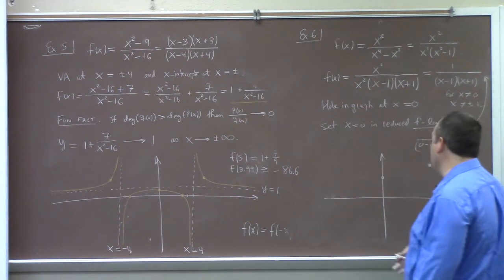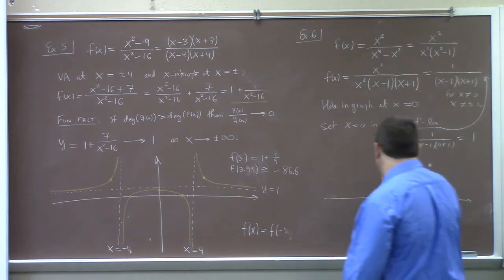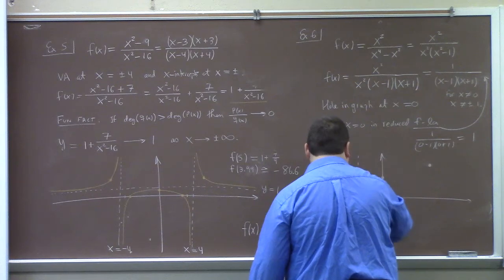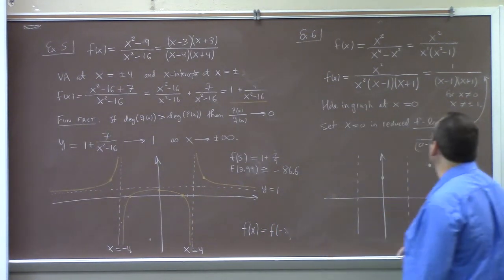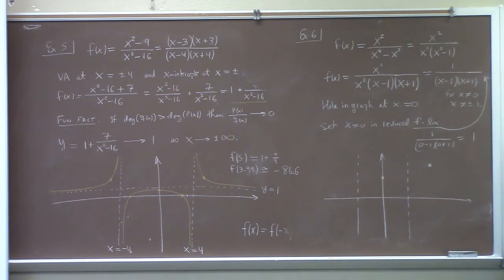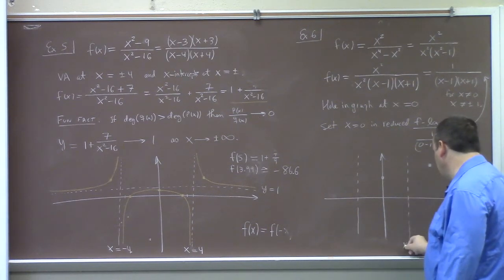So there's not a y-intercept. There's a hole in the graph at 0 in this one. And then there's vertical asymptotes at plus or minus 1, right? If we plug in a number larger than 1, what happens?